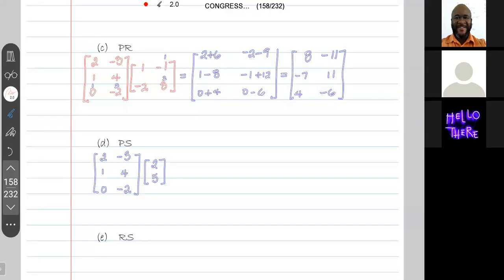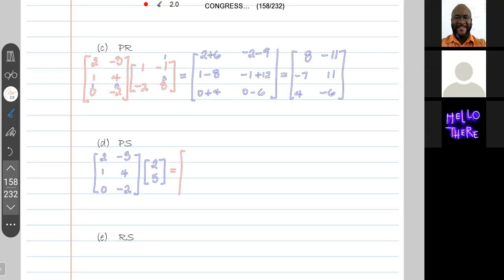So P is a 3 by 2 matrix, and S is a 2 by 1 matrix. So we should end up with a 3 by 1 matrix.